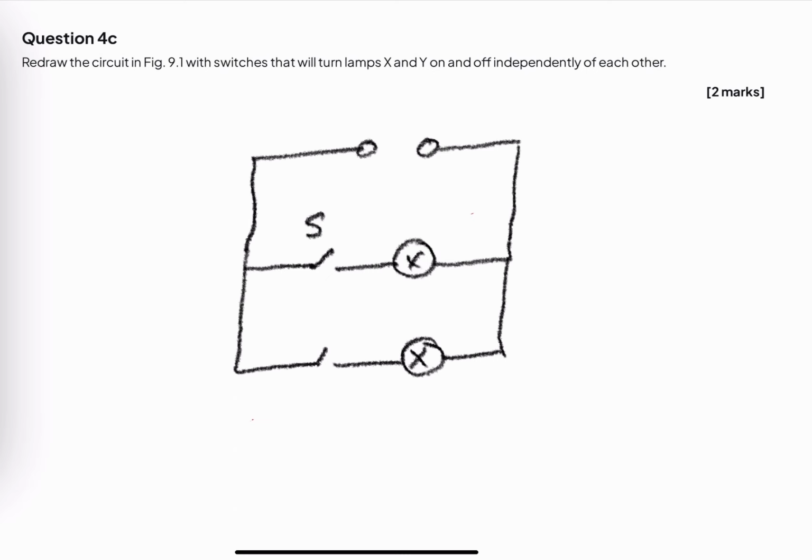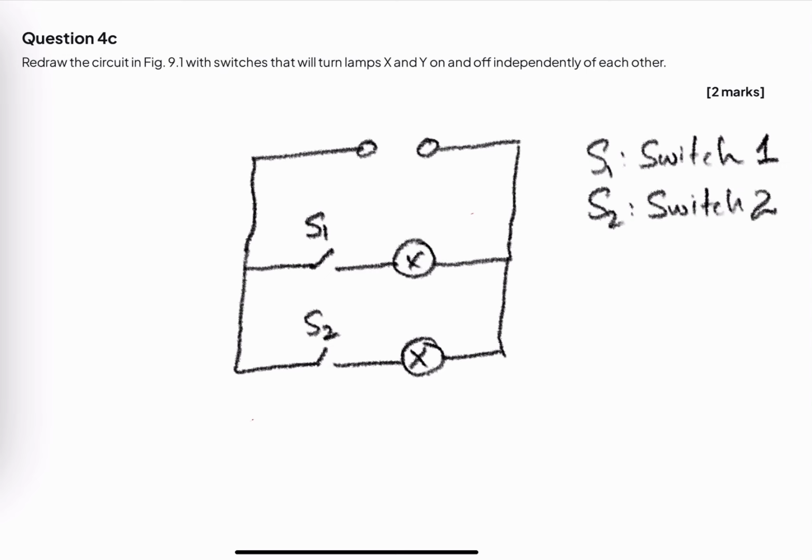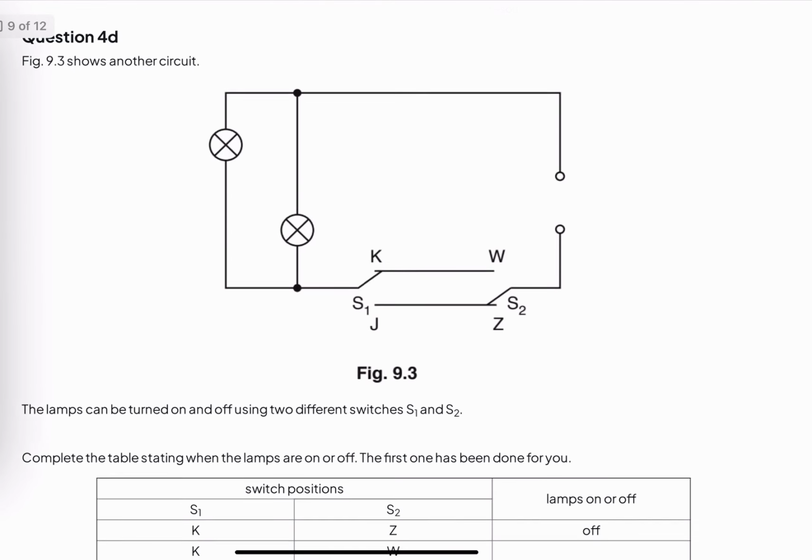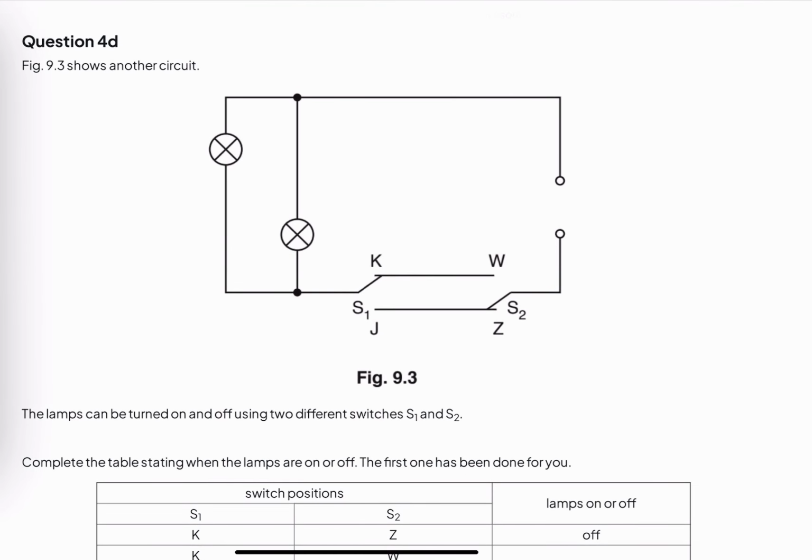This is S1, this is S2. S is the switch, S1 is switch 1 and S2 is switch 2.